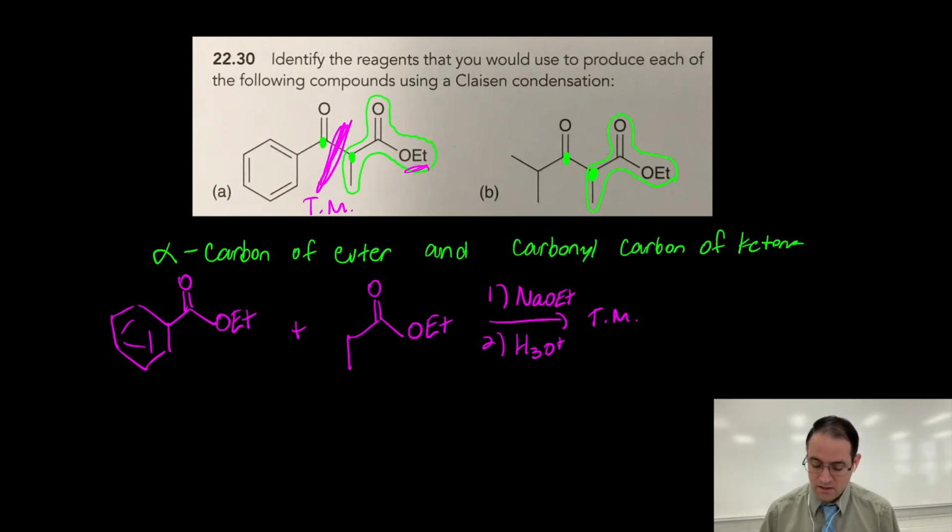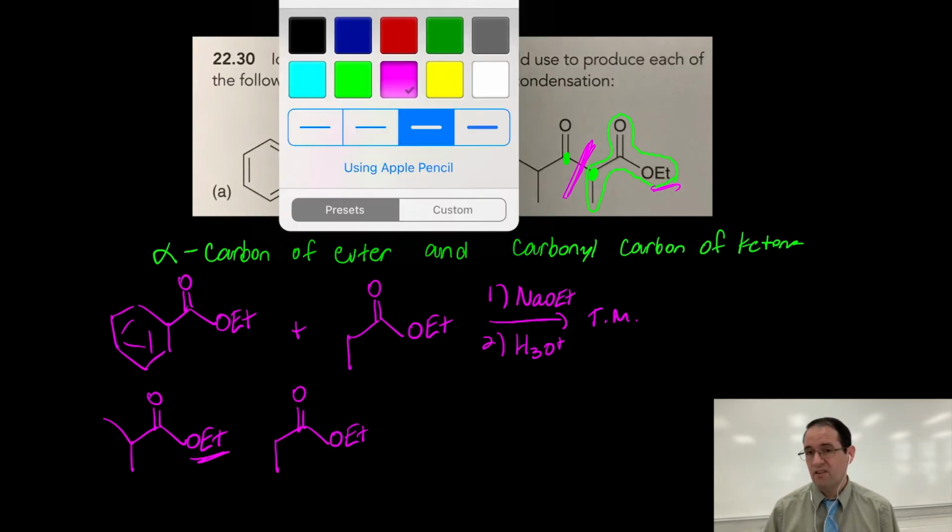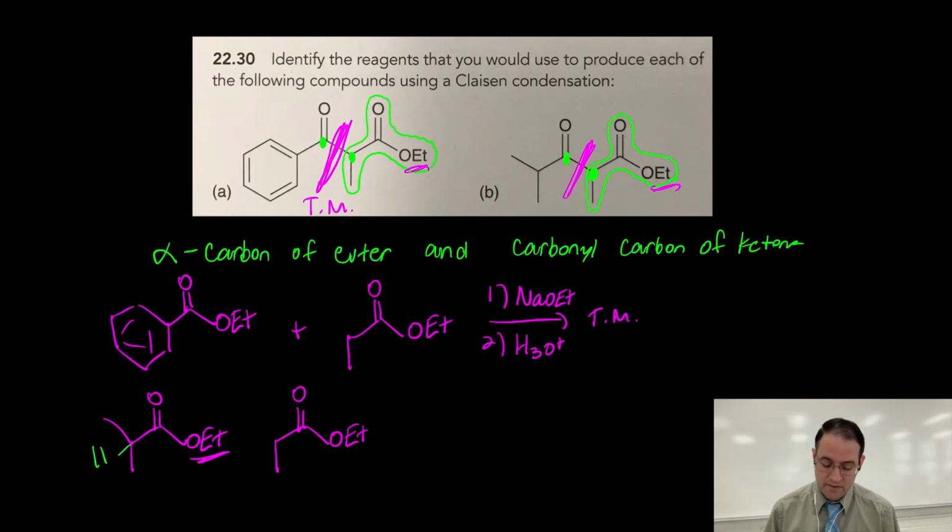This is the carbonyl carbon of the ketone, and you want to break that bond. When you break that bond, make sure that you include an ester. So create an ester. Once again, we want to choose the ethyl ester, which is the same as that fragment. Now these two components are both going to have alpha hydrogens.